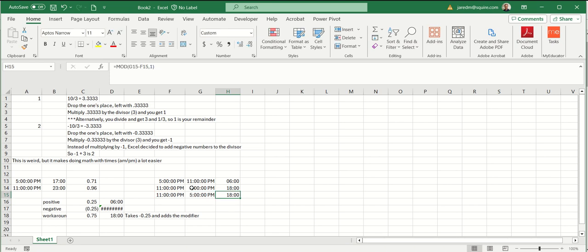So hopefully that walkthrough helps make sense of that mod function. It's simple division up here. It has that weird nuance with adding the divisor. So when you think, okay, if I'm dealing with times that don't have a day associated and I yield a negative, I want to just add 1 to it. So I know how many hours it was, because my negative 0.25 plus 1 will give me my 18-hour difference.